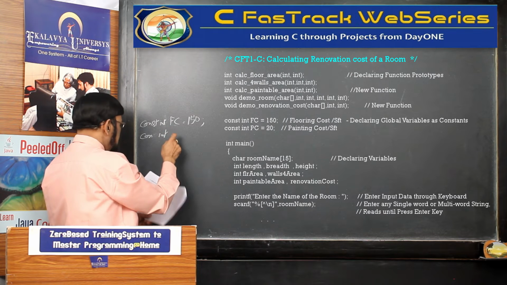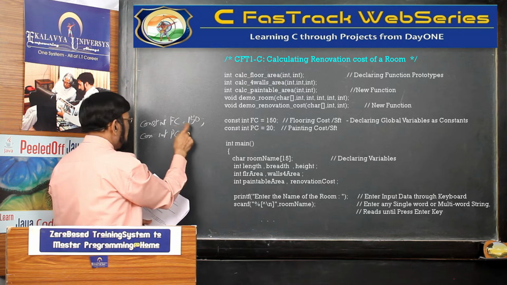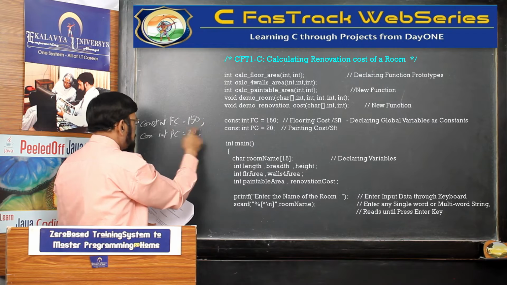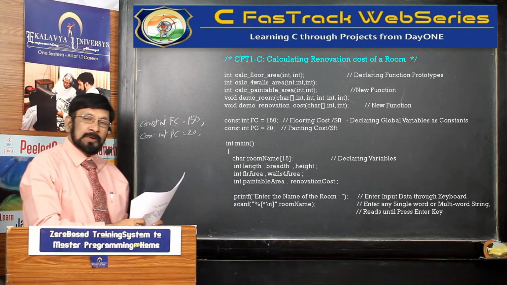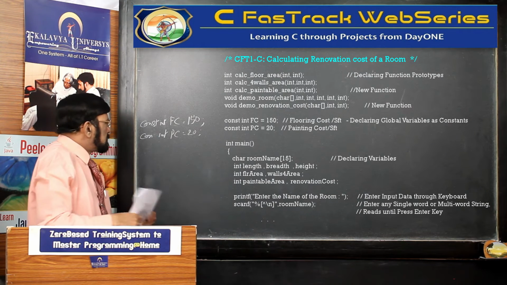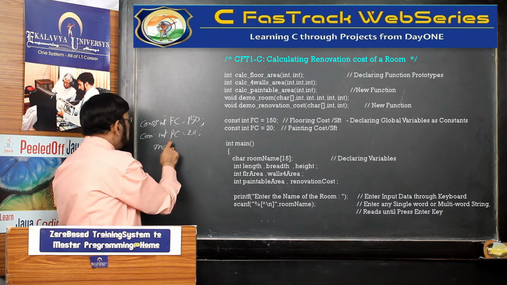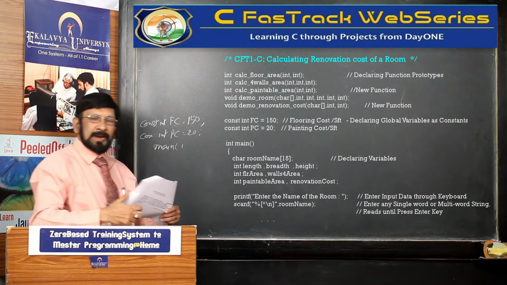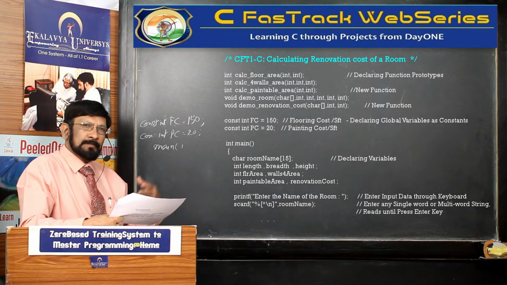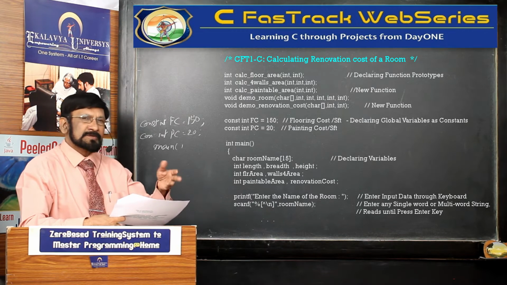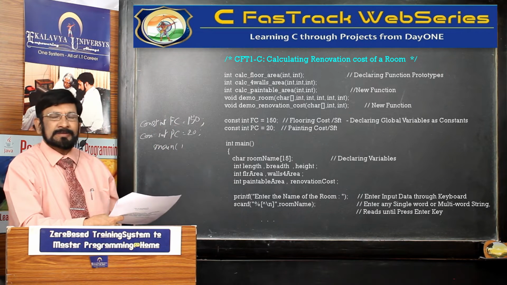Next one, you see: int, that is painting cost, which is 20 per square feet. Like this you write. What is the advantage? These are called global variables. Global variables means we write them above the main. If you write like that, the entire main program, whatever elements are there in the body of the main program, they can access it.